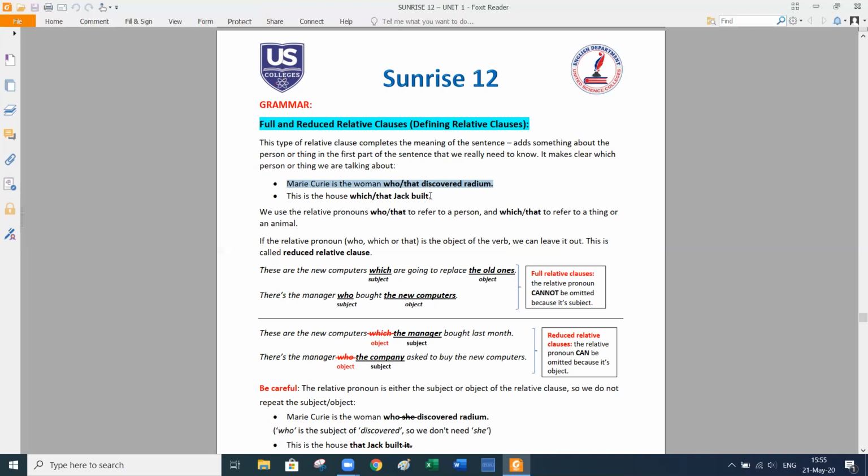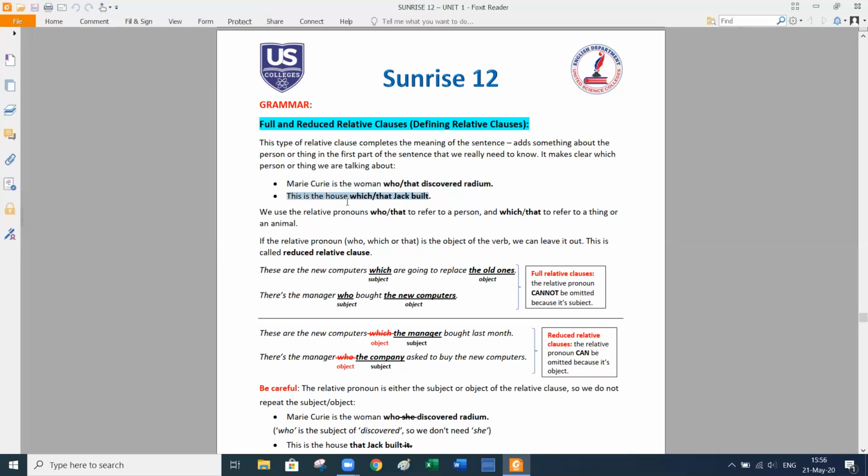And another example. This is the house. If you finish the sentence here and say this is the house, it wouldn't make sense or it wouldn't be complete. It would be possible, for example, if you say this is a house. A is the indefinite article, but if you use the house, the definite article, it means we are defining.